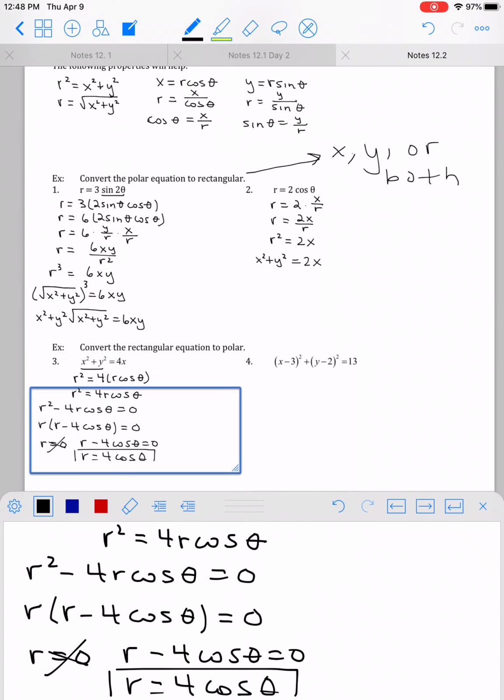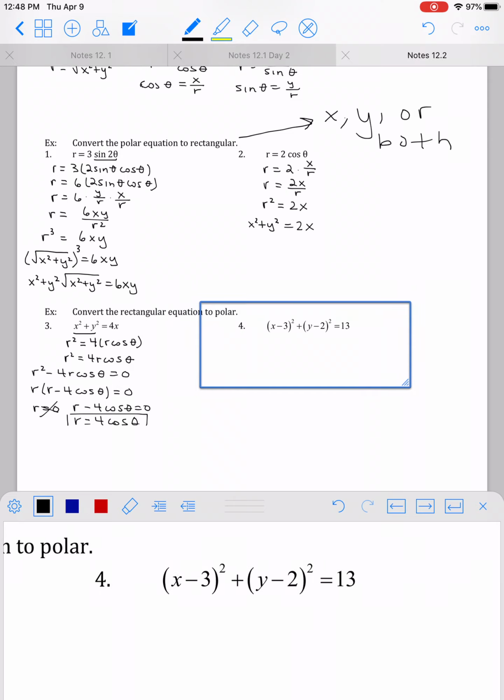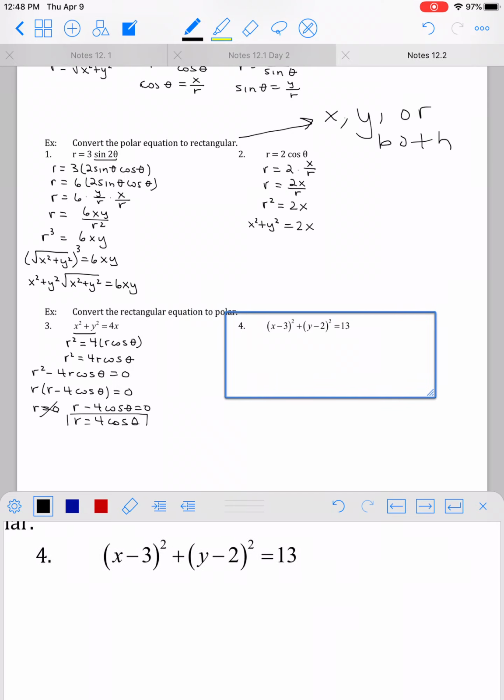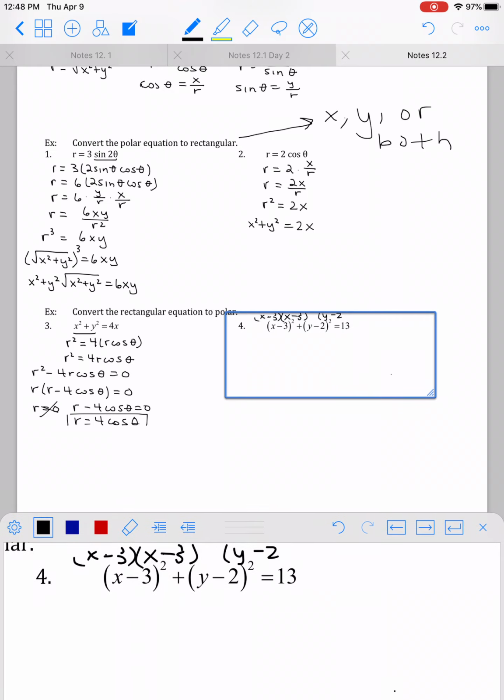All right, last example here. We are going to look at this one. Now this one, you might remember the general equation of the circle. So we can't do anything with the squared. The first thing we have to do is multiply out. I'm not going to show the FOIL. If you get stuck, you should treat this one like x minus 3 times x minus 3, and the other one is y minus 2 times y minus 2.